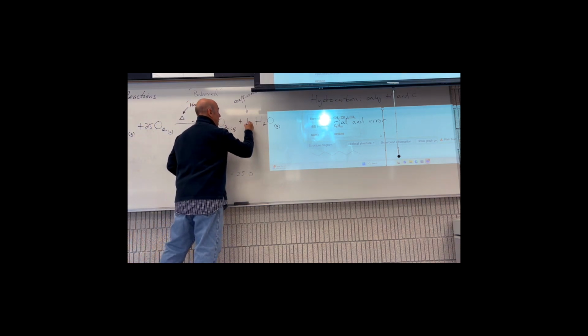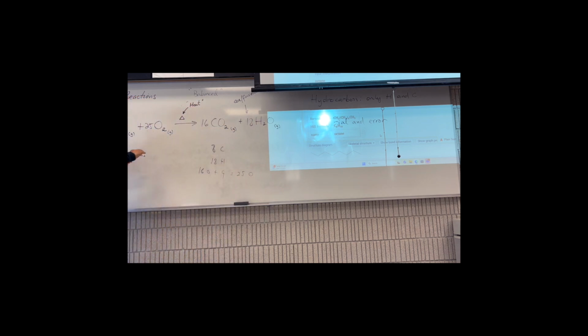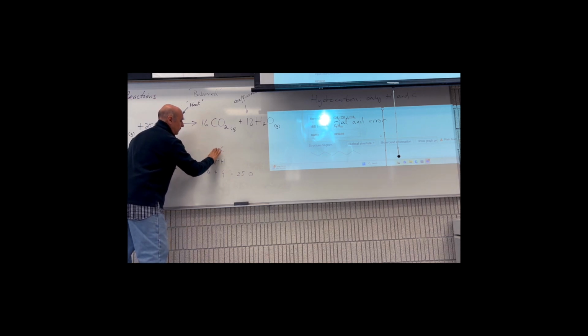So I put a 2 here. 12.5 times 2, 25. 8 times 2 is 16. I'm multiplying everything by 2. 9 times 2 is 18. And now if we do the entire accounting again, I hope we are right. 2 times 8, 16 carbons, right? 16 times 1, 16 is balanced.